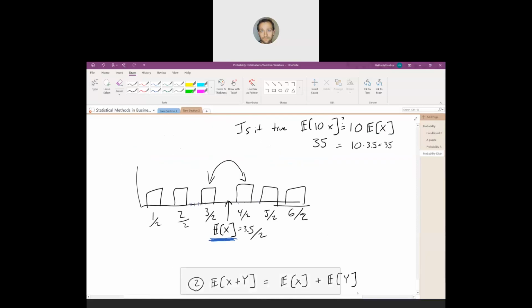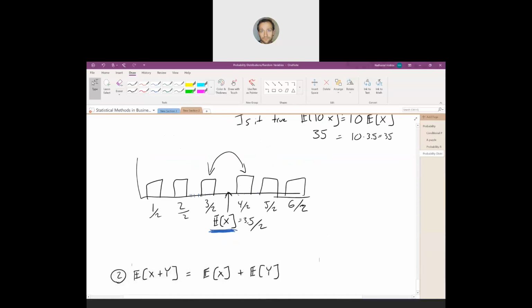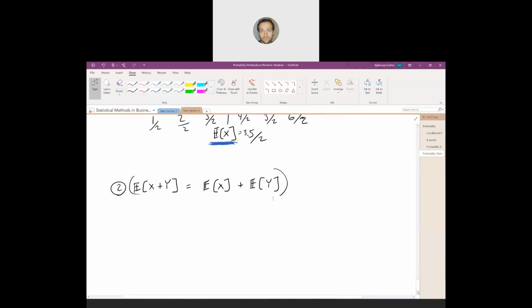Okay. So now I just want to do some concrete example, like we just did, to show that this is also true. Andrew, are there random variables that you like for x and y? Two and three.